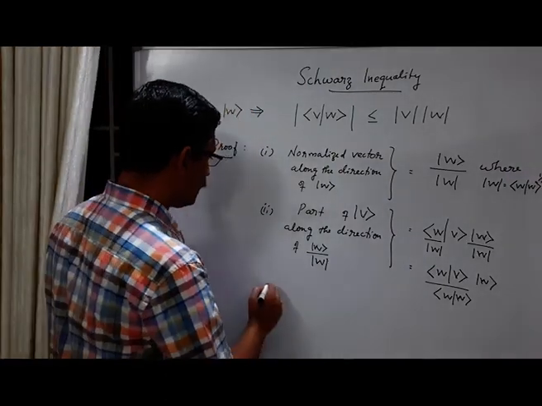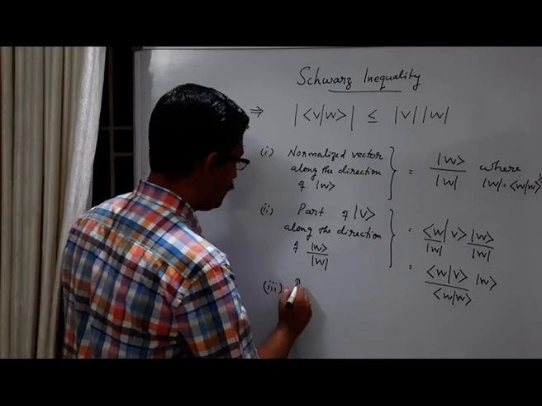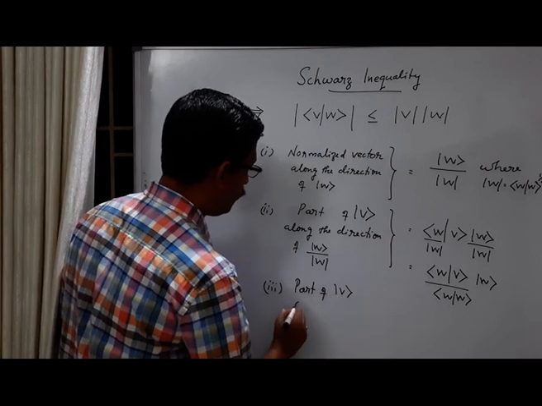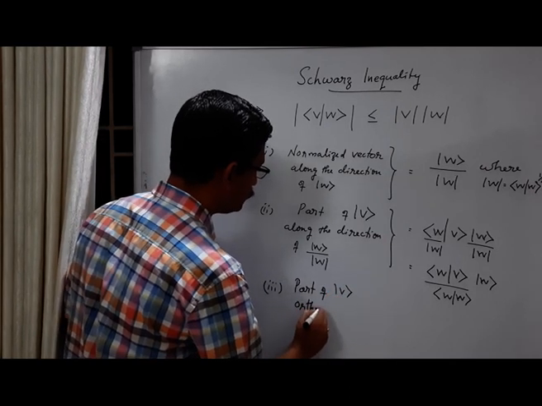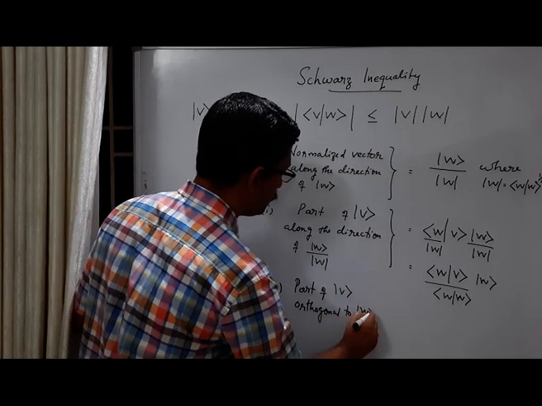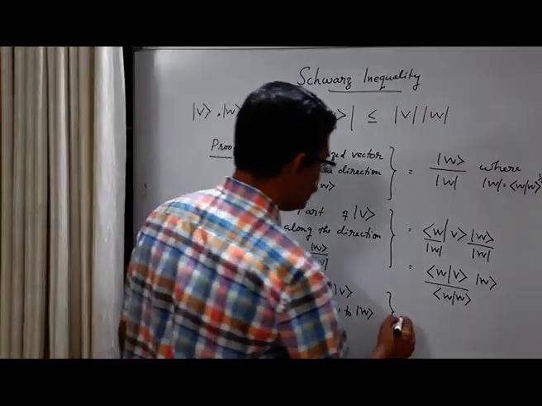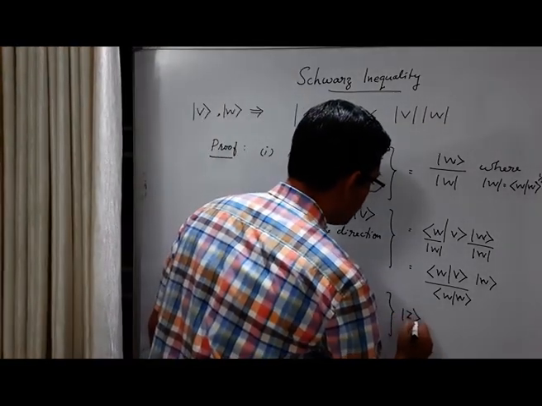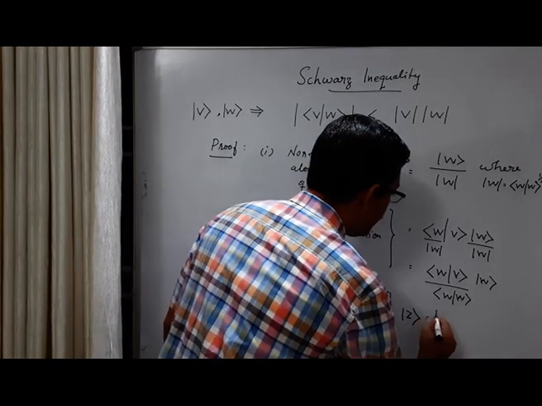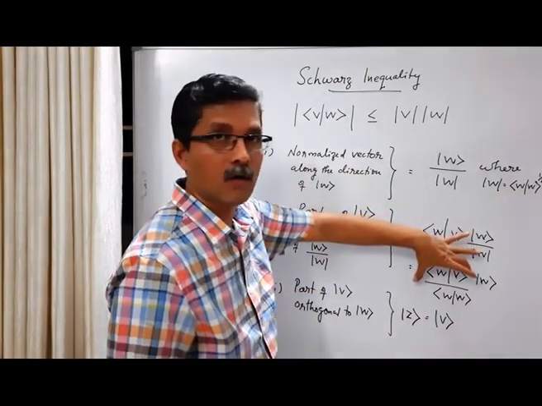Now as the third step, what we are going to do is take the part of ket v orthogonal to w. Let me call this part ket z. So how do we construct this? We take ket v and from this subtract the component along the direction w.